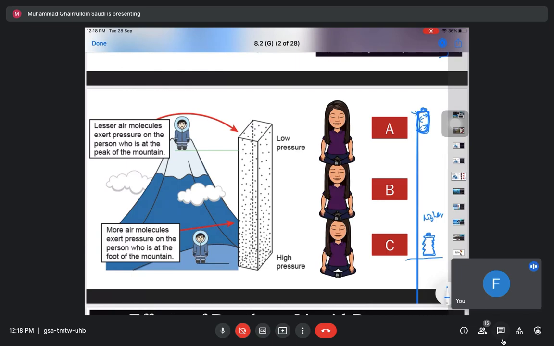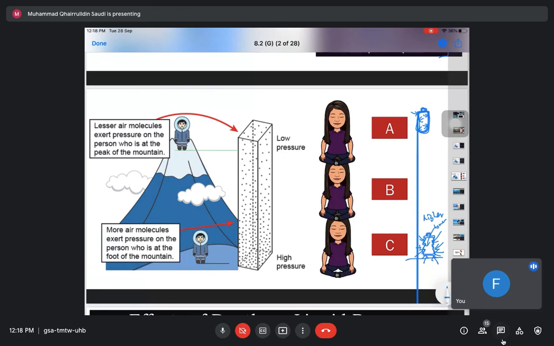So the higher atmospheric pressure presses on the empty bottle. Because the bottle now doesn't have any water anymore, only air molecules, the inside of the bottle is lower pressure. So that is why the bottle will be dented.